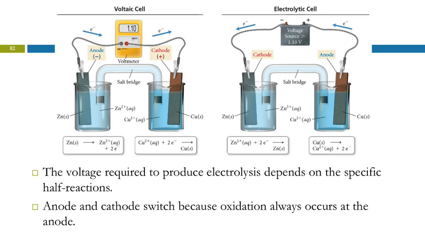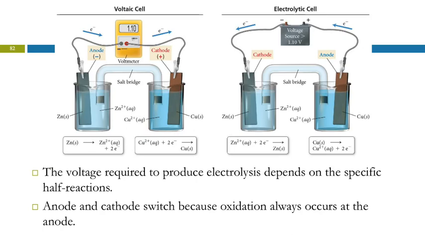What you do in electrolysis is the cathode and the anode are reversed. So here we've got a zinc half cell and a copper half cell. And for the voltaic cell, the zinc is the anode and the copper is the cathode. If we make an electrolytic cell, we're using a voltage source here, we're forcing electricity to flow the other way.